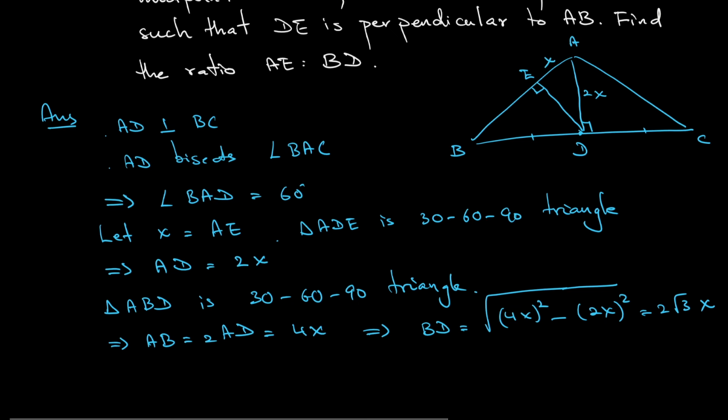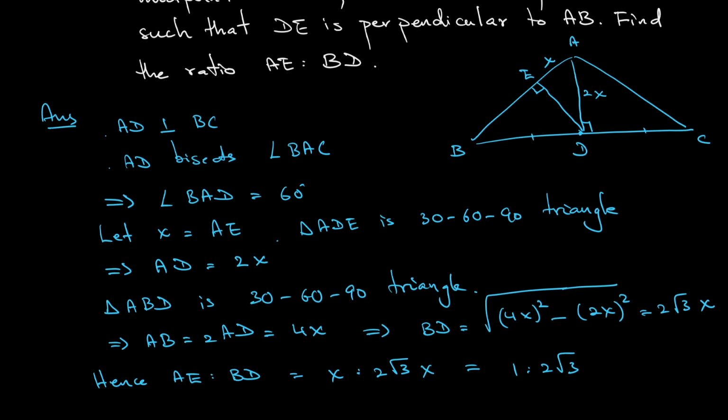So I already find AE, which is x. I already find BD, which is 2 square root 3 x. So to answer the question, hence the ratio of AE to BD would be equal to x to 2 root 3 x, which of course x is just some quantity that you can cancel out. So it's 1 to 2 square root 3. So that would be the final answer.